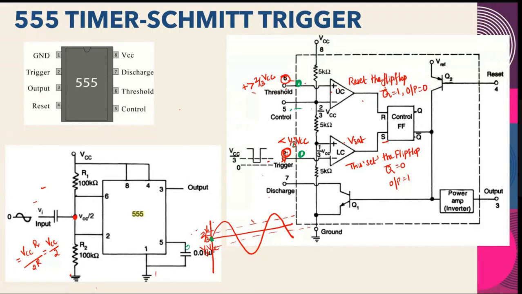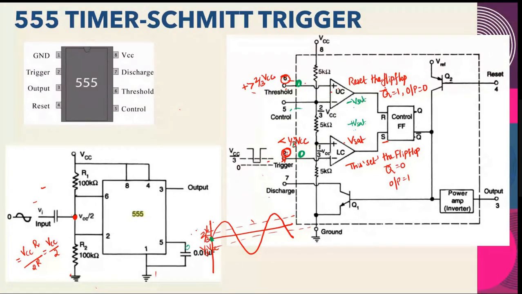0 is given to both the upper comparator and lower comparator. Lower comparator output will be, can someone tell? Lower comparator output will be plus Vsat and upper comparator output will be minus Vsat.